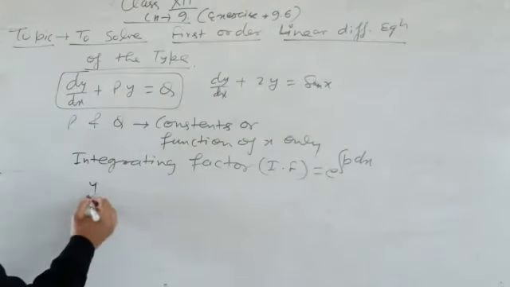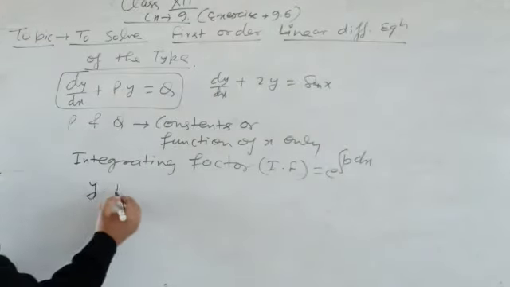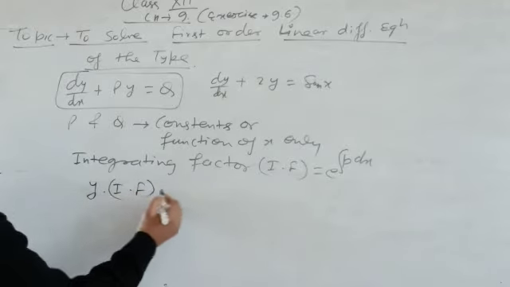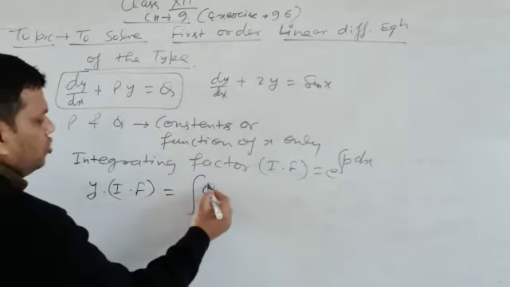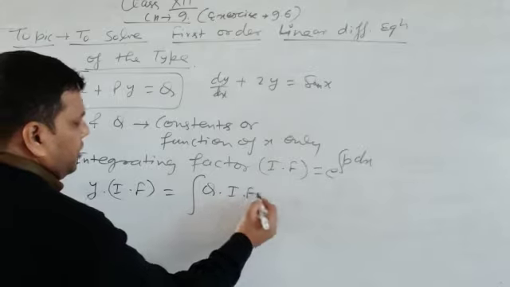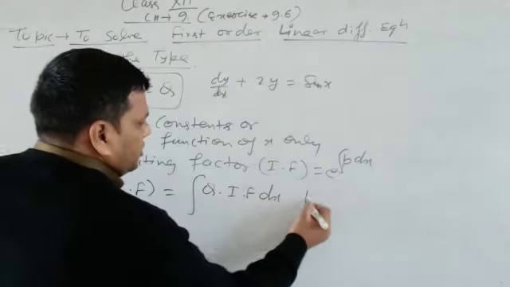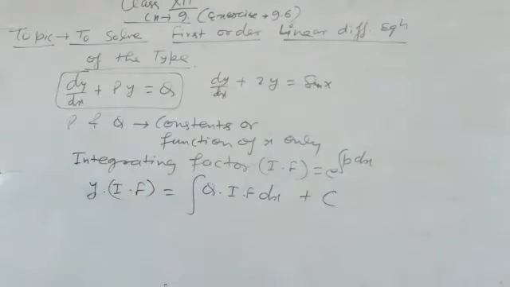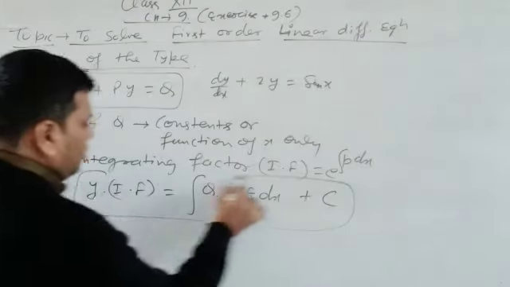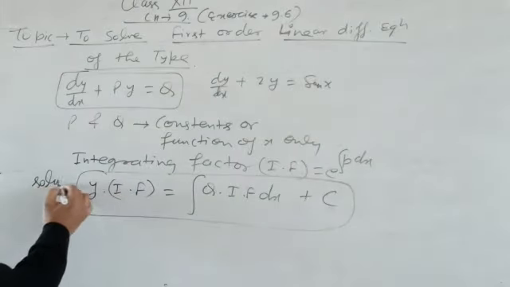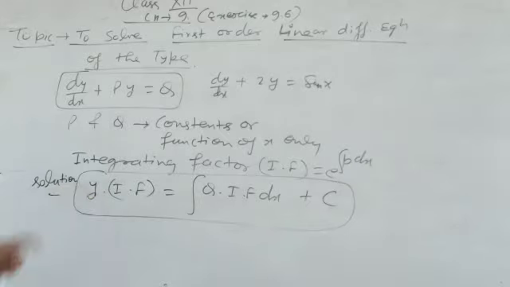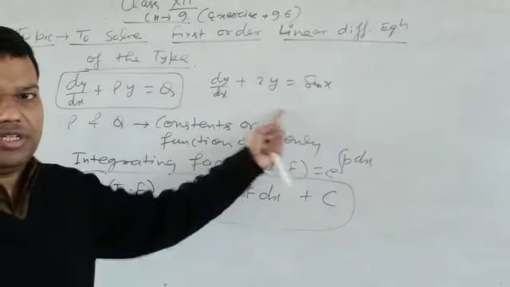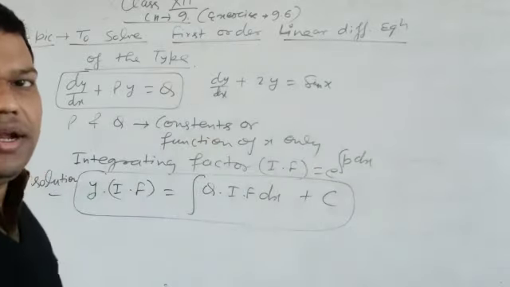And the solution is y times the integrating factor equals integration of Q times the integrating factor dx, plus C. This is the solution for this type of differential equation, right guys?